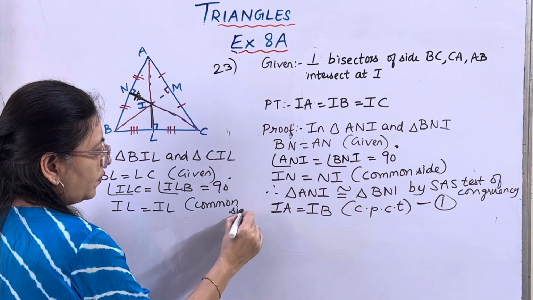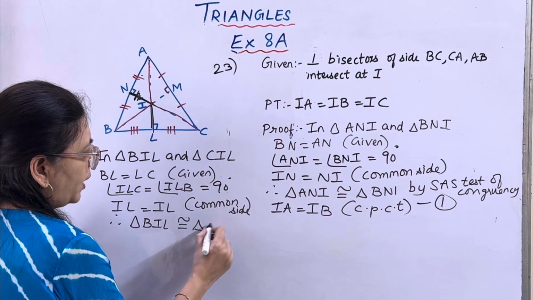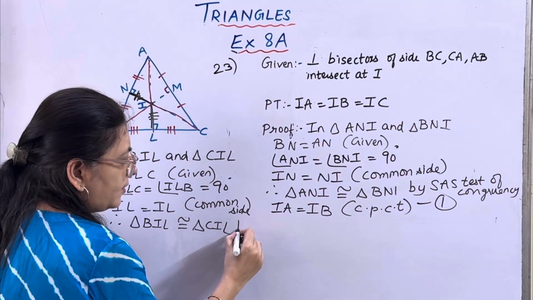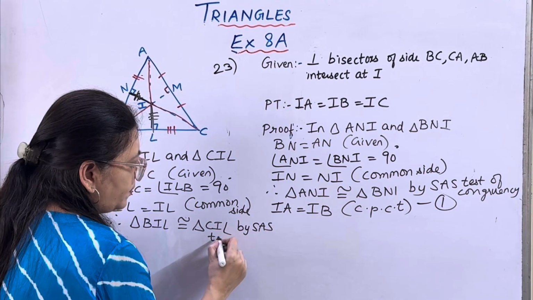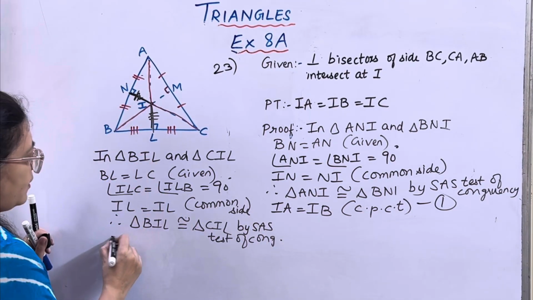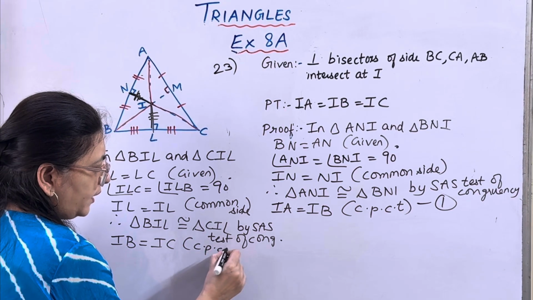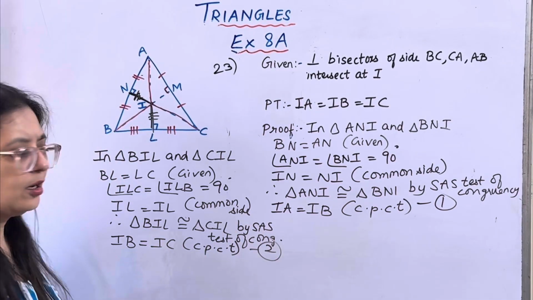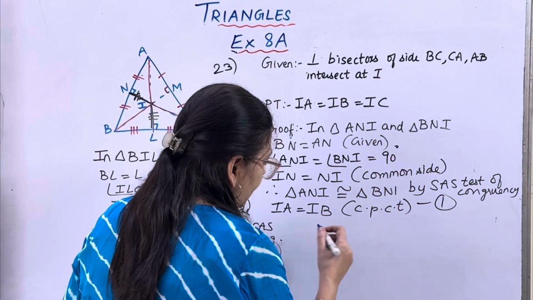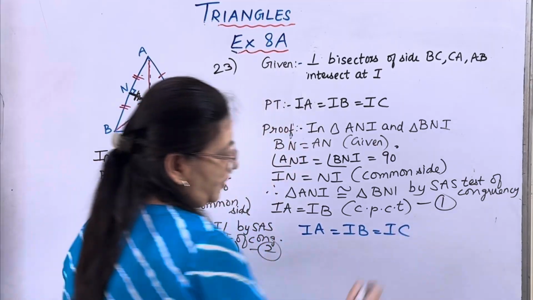Therefore, triangle BIL is congruent to triangle CIL by which test? SAS test of congruency. Correct? So that means IB is equal to IC. Same, CPCT. This is the second part. Now I combine both of these. So when I combine both, I can say IA is equal to IB is equal to IC.